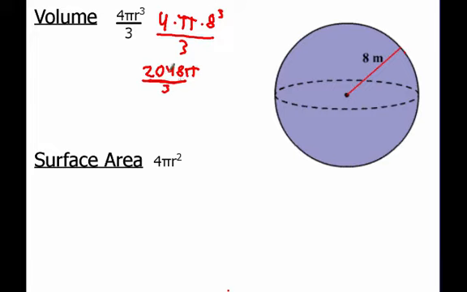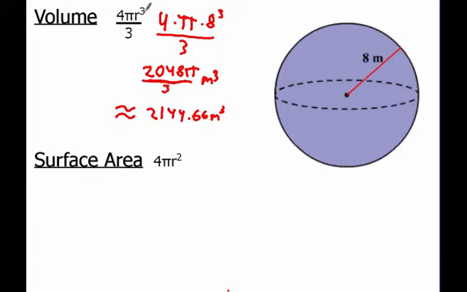Now 2048 is not divisible by 3, so if we want to talk exact units, this would simply be my answer: 2048 pi divided by 3 meters cubed. Or, if we want to talk approximately, put this into a calculator and we get 2,144.66 meters cubed.